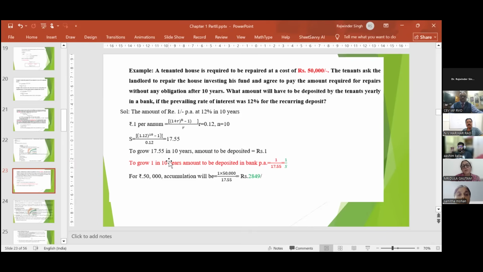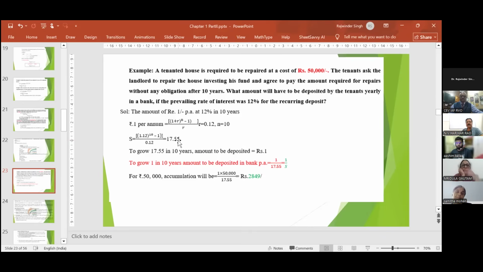We have the rate of interest and the years, so we apply 1 plus R power n minus 1 upon R, the FV minus 1 upon R formula. The rate of interest is 0.12 and n is 10 years. So the 1 rupee they deposit for 10 years in the bank at 12% will become 17.55. Clear up to this point? Any doubt up to this point?